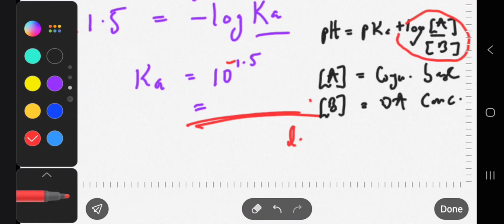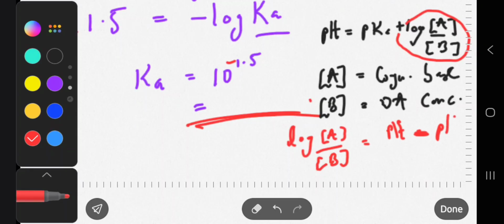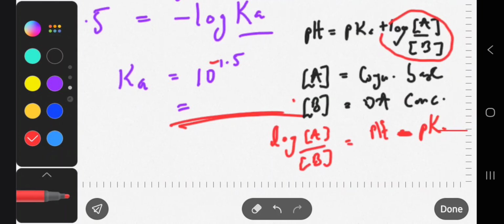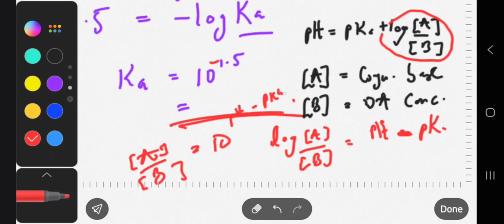If you want to, then just log A over B equals pH, collecting like terms, oh sorry, minus pKa. All right, so what this basically means is that if you take the exponential of both sides, you should have something that looks like this: A over B equals 10 raised to power pH minus pKa.